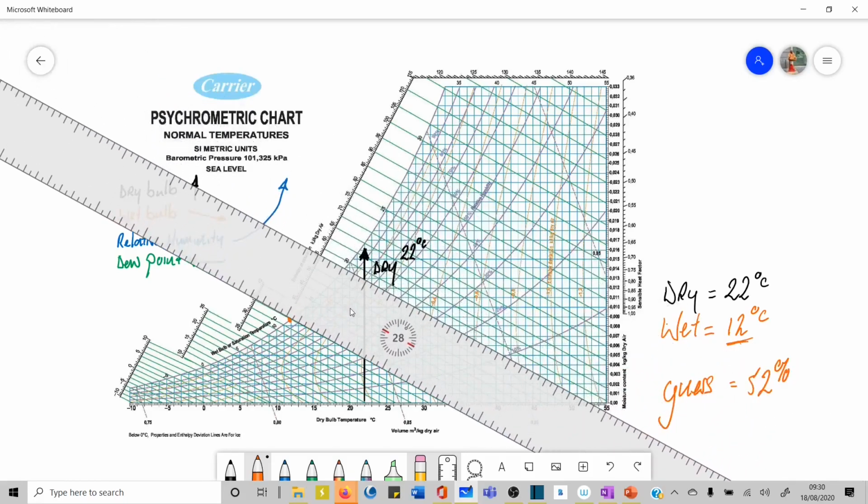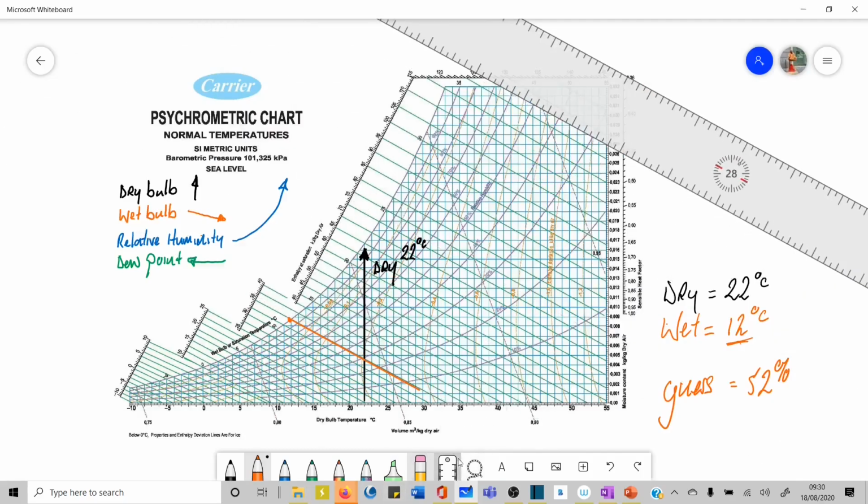Bring the ruler down to there, and then we're going to draw a line straight across. There we go. Let's move this out of the way. So there's our arrow. From there we can see that the wet bulb, same angle as this here, was 12 degrees.